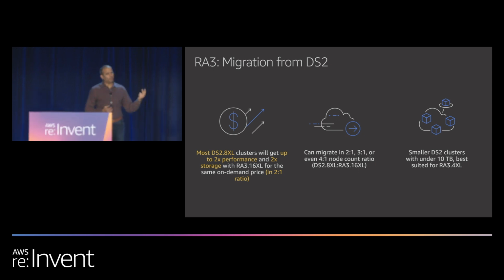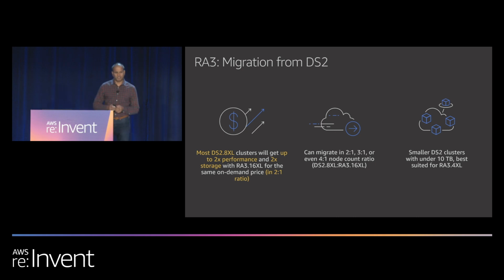For every 2 nodes of DS2 8XL, you will replace them with 1 node of RA3 16XL. This 2-to-1 node ratio will be price equivalent, and I'm using the on-demand price for this comparison. When you migrate from DS2 8XL to RA3 16XL, you will get up to 2x more performance and twice the storage capability.